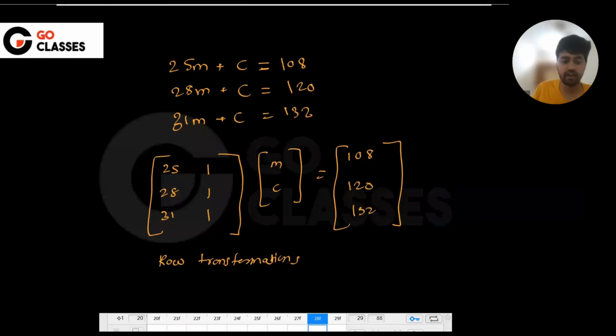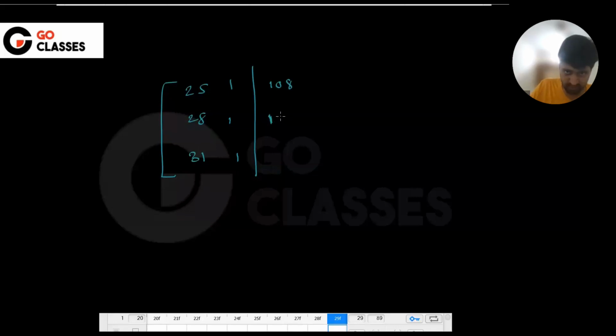So now we'll try to solve this linear system. We find the augmented matrix: 25, 28, 31 with 1, 1, 1, and then 108, 120, 132. And this is what we have.